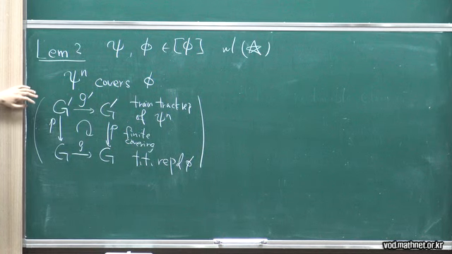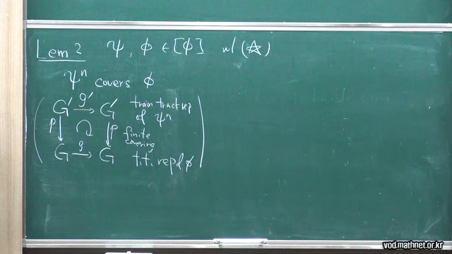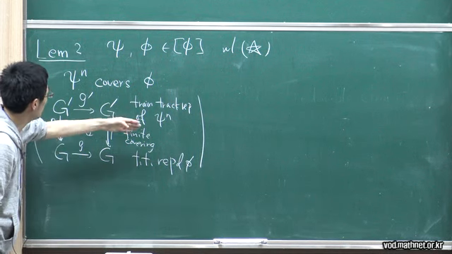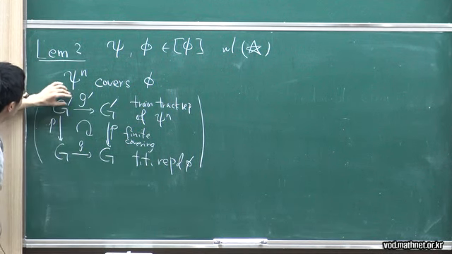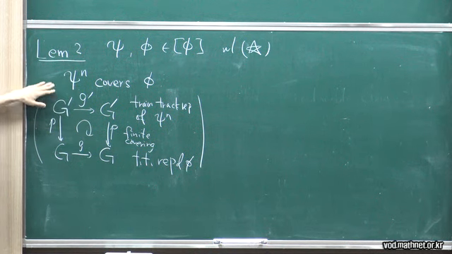And I also call the map G prime symmetric if G prime is a lift like this. So we cannot actually expect to construct a symmetric train track representative of psi itself in this way.